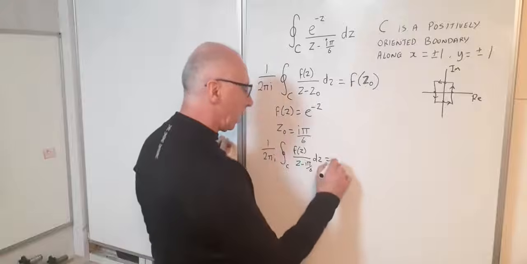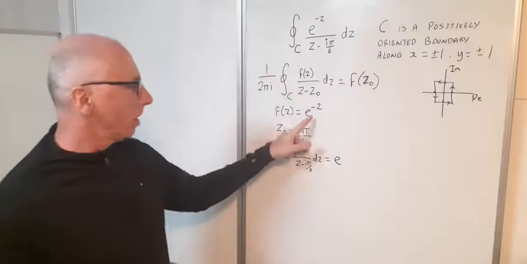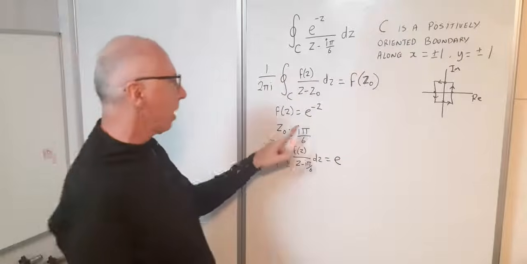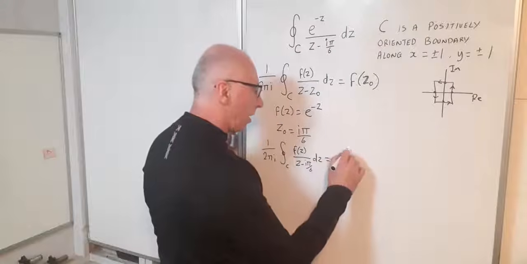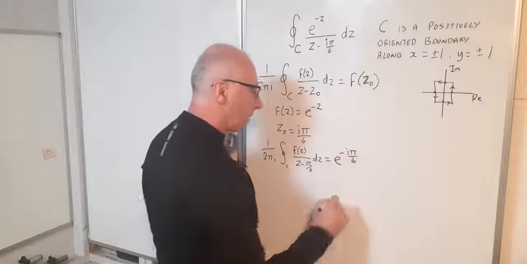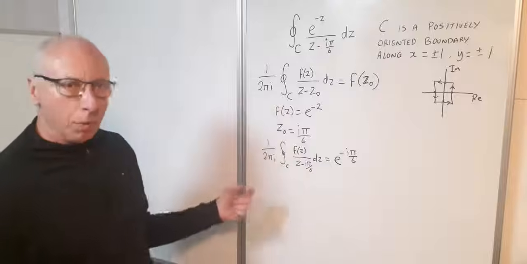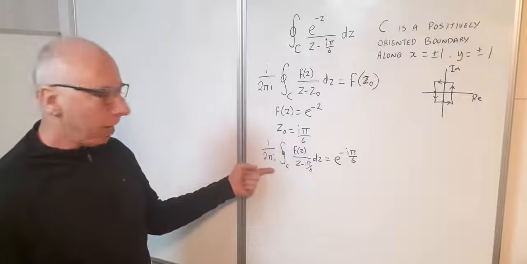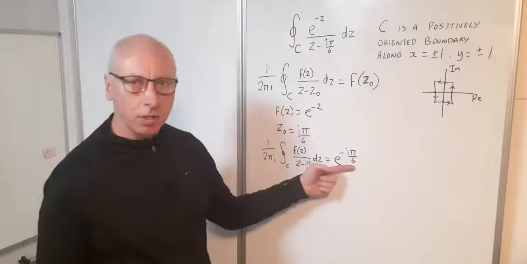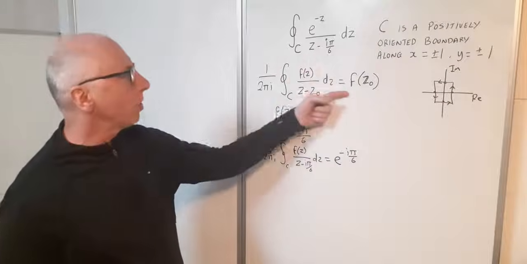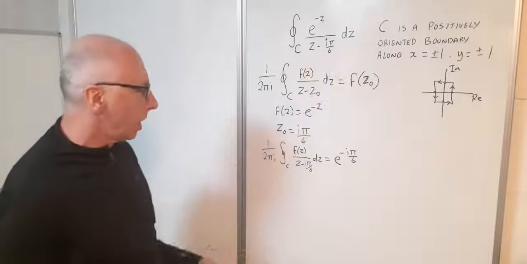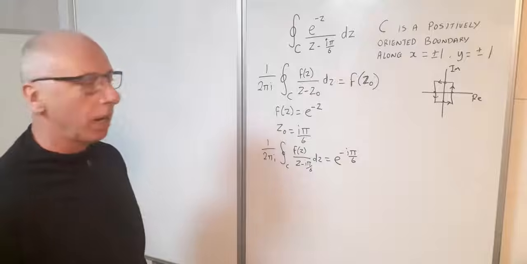So that becomes e to the minus i pi over 6, since z0 is i pi over 6. But we've got this 1 over 2 pi i here, so we'll need to multiply our answer by 2 pi i to get the result of our original question. So e to the minus i pi over 6.